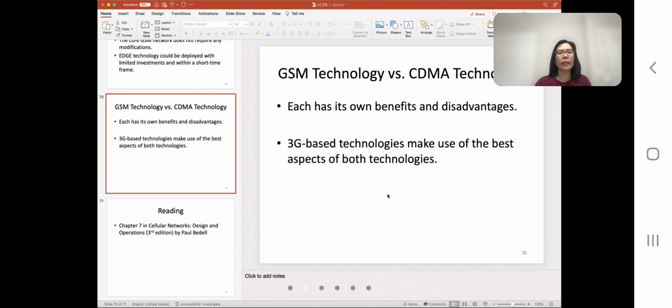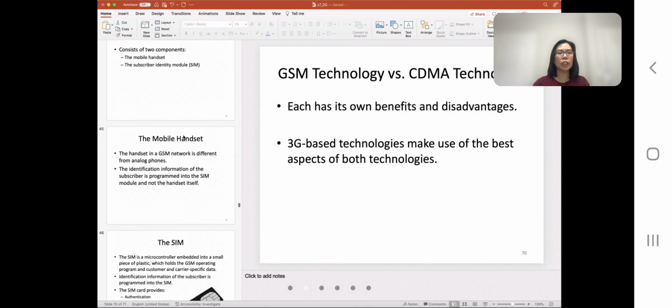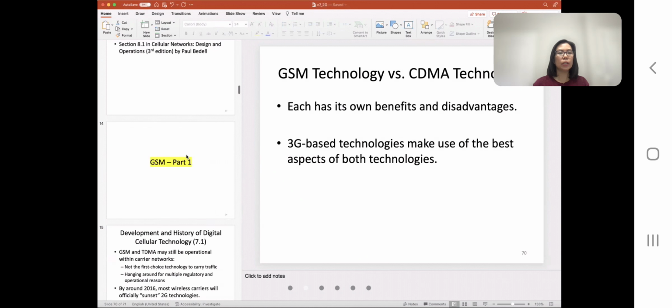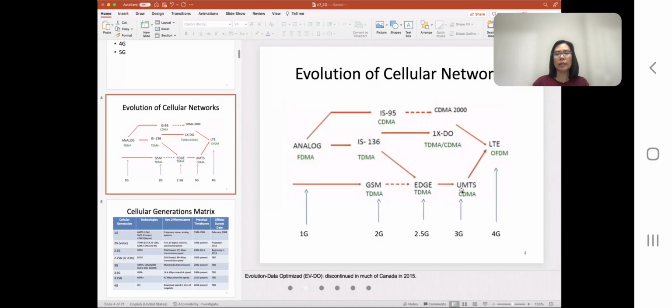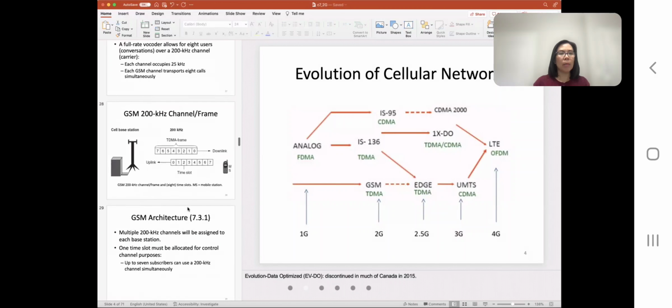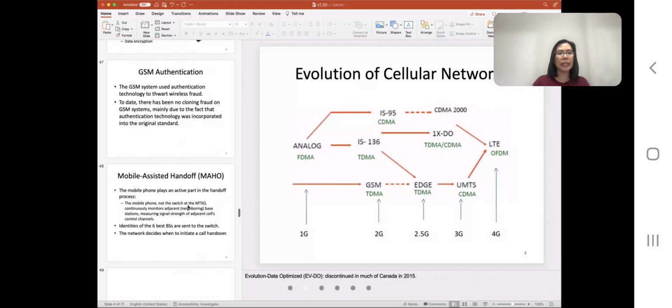That's why the 3G-based technologies take advantage of the best aspects of both technologies. So in 3G networks they use CDMA, but at the same time they adopted many good aspects of GSM as well. And 3G networks are the topic we'll talk about next week in the next lecture.